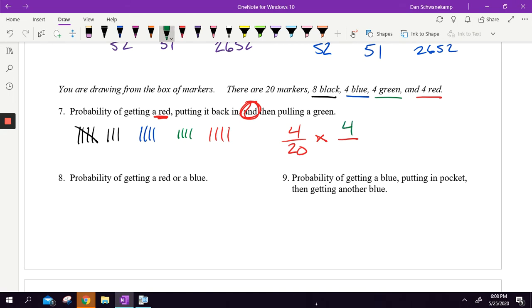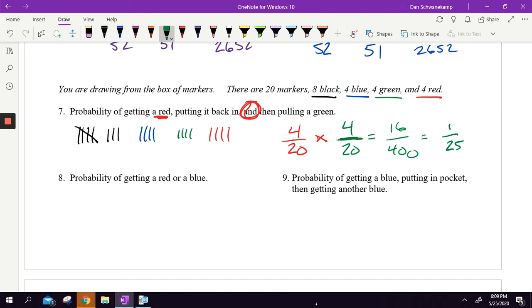There's 4 markers out of 20 still. There's still 20 because I put that marker back. So when I multiply that together, 4 times 4 is going to get me 16. 20 times 20, that's going to get me 400. I could reduce 16 over 400. Yeah, that would be 1/25. You don't have to reduce. Feel free to leave it as 16 over 400 for right now.